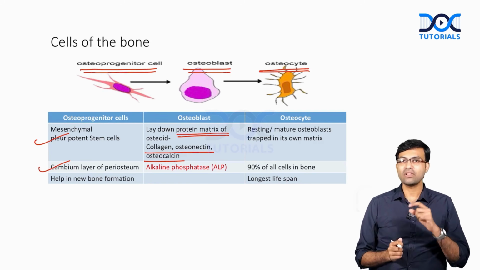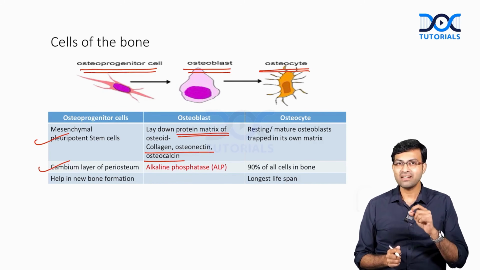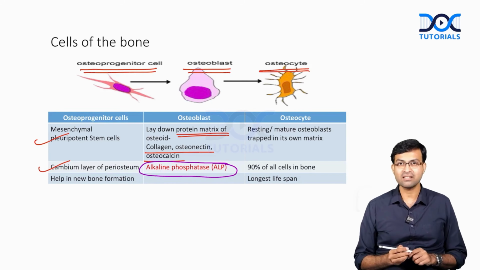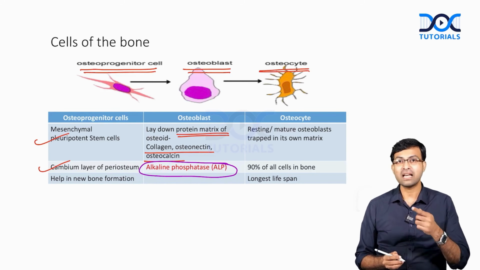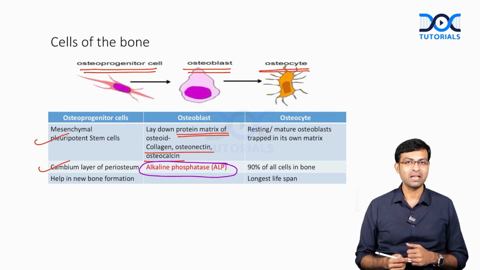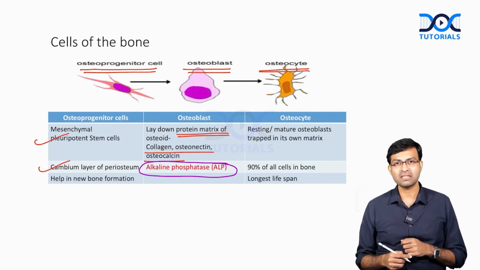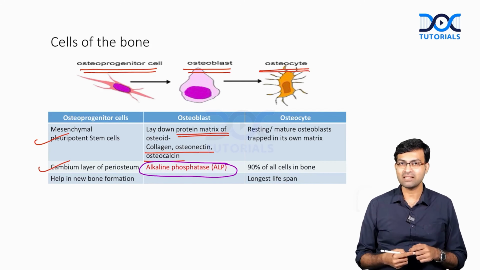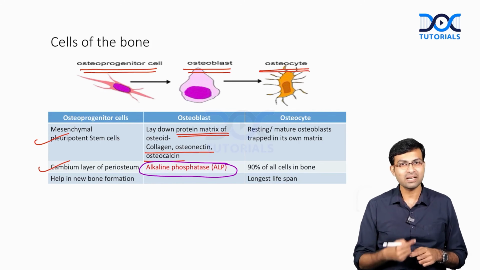In addition to all these things, it also produces a very interesting molecule, alkaline phosphatase. Why is it interesting? Because we can use alkaline phosphatase as a proxy to analyze bone formation. Whenever there is increased bone formation, osteoblastic activity will increase, isn't it? So this means that alkaline phosphatase production will also increase, isn't it?